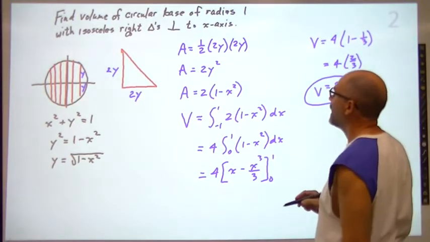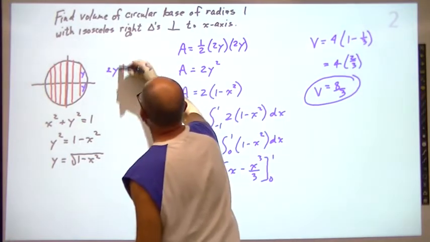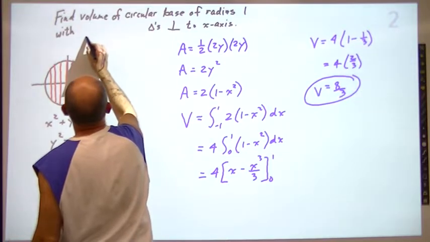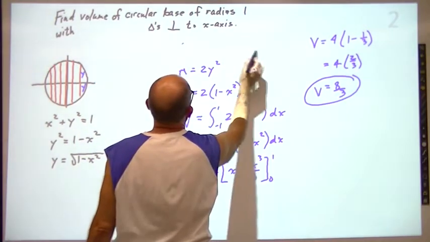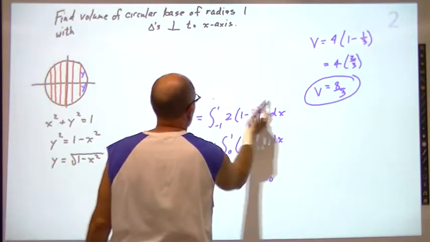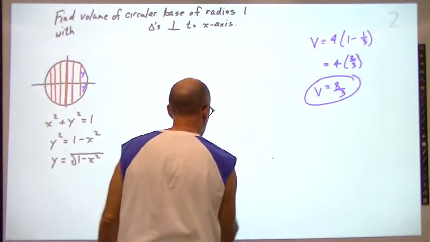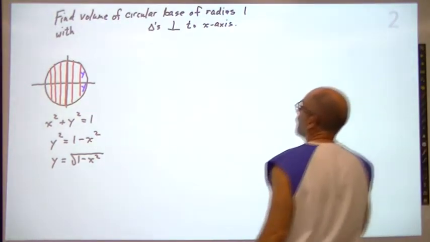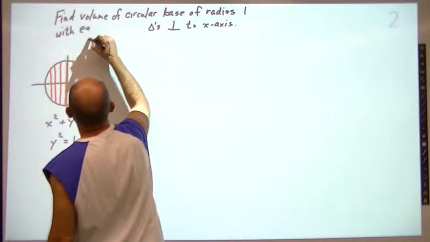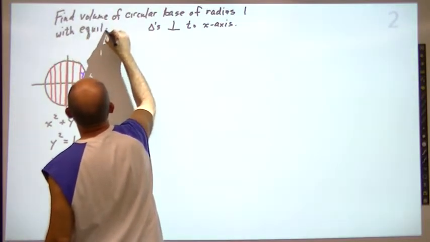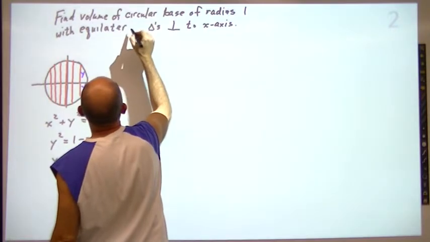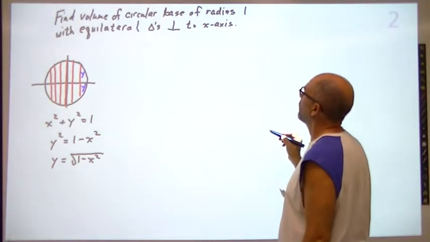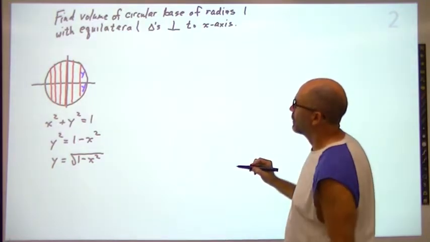So, if the triangles are equilateral, I'm just going to leave everything that we are going to use over here. Equilateral triangles. Okay, volume is circular base with radius 1 with equilateral triangles perpendicular to the x-axis.